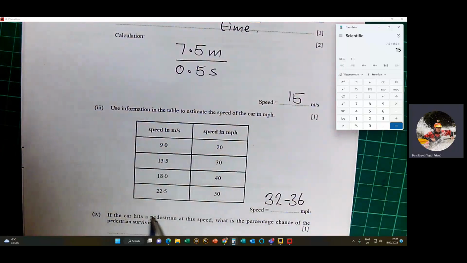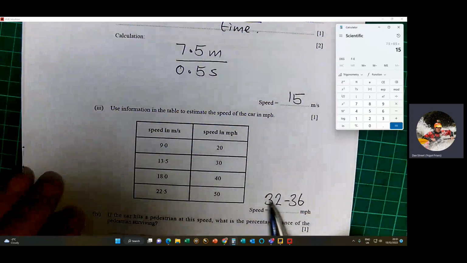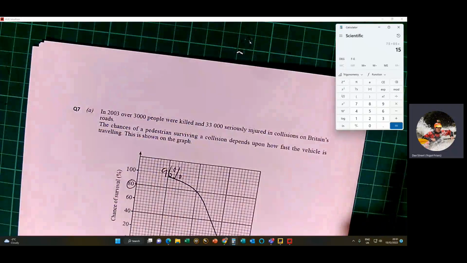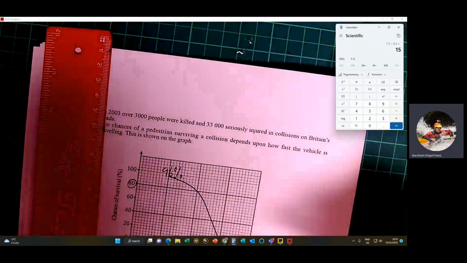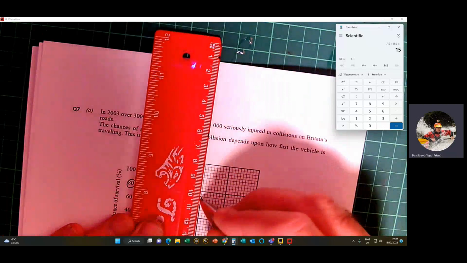It says here, if the car hits a pedestrian at this speed, what is the percentage chance of the pedestrian surviving? So depending upon what value you put there, 32 to 36, we take our 32, which is there.